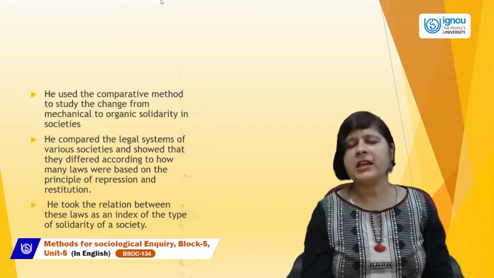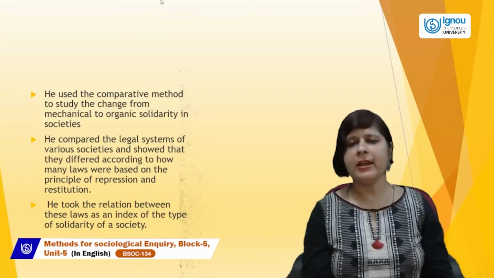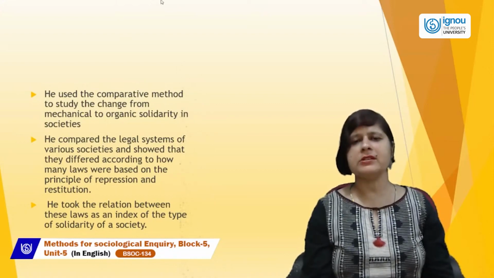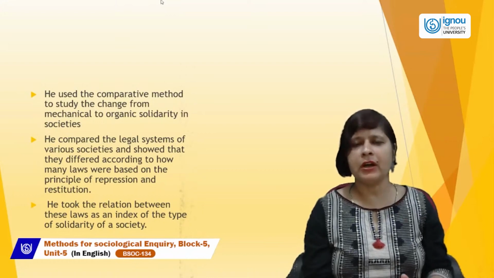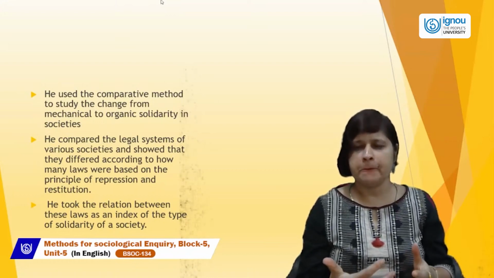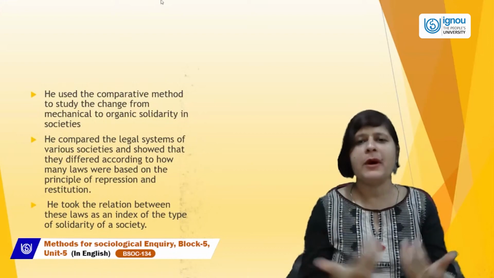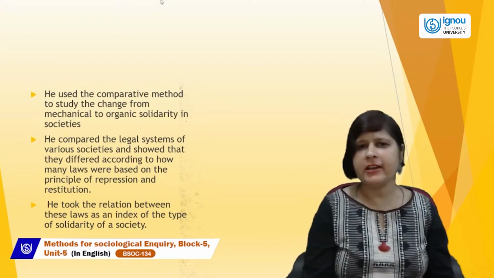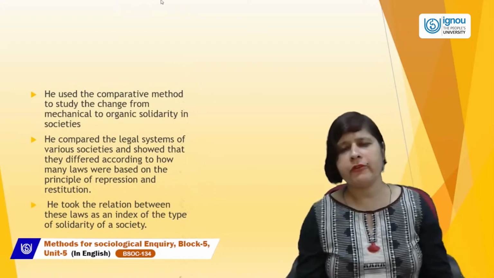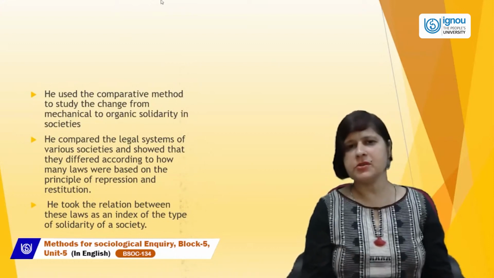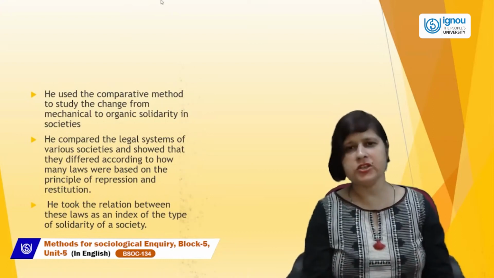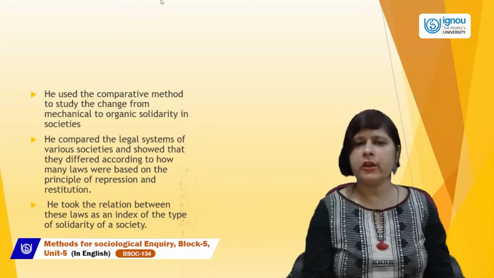In primitive society, there was mechanical solidarity, when people were less dependent upon each other, but were bound together because of community feeling. This is mechanical solidarity. We find organic solidarity in modern society, where people are more dependent on each other rather than on community feeling.